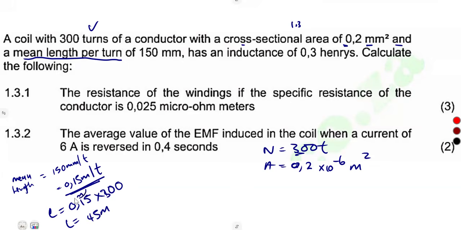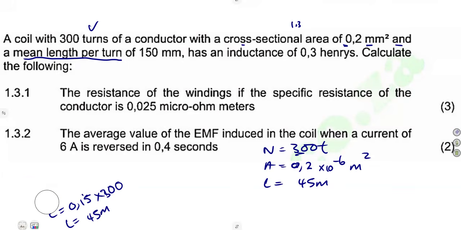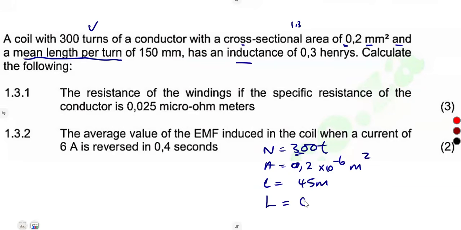Remember, we converted this to meters. So that's the length, 45 meters, from the mean length per turn multiplied by 300. There is an inductance of 0.3 henries. Calculate the following: 1.31.